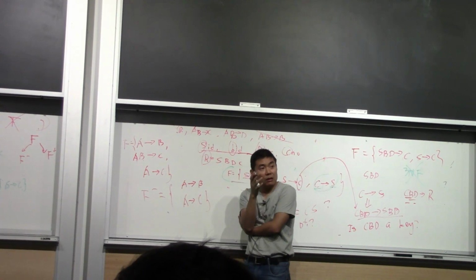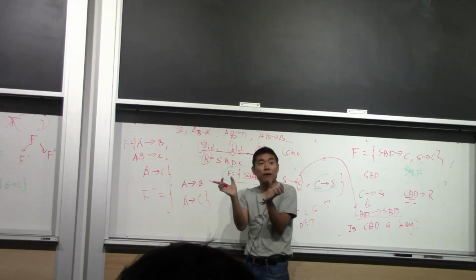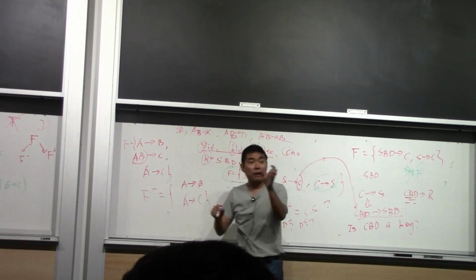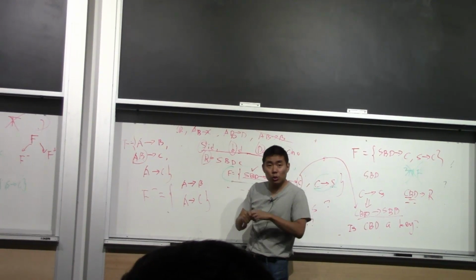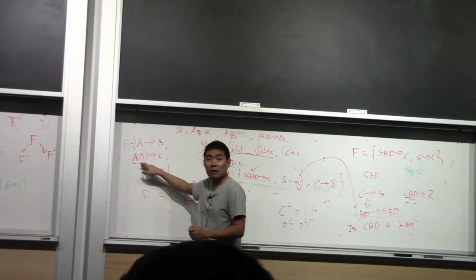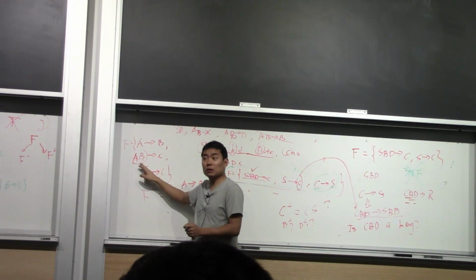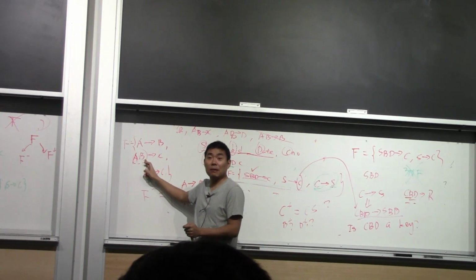So the minimal set of functional dependencies is tricky, actually. Because not only can you remove functional dependencies, you can also drop attributes from the left-hand side when needed. Intuitively speaking, A determines B, so in the left-hand side AB, only A matters. B doesn't matter because A determines B. Once you have the same value of A, the value of B must be the same anyway.